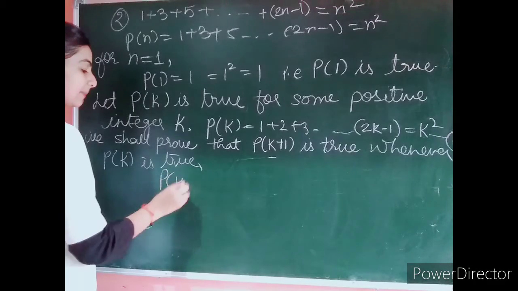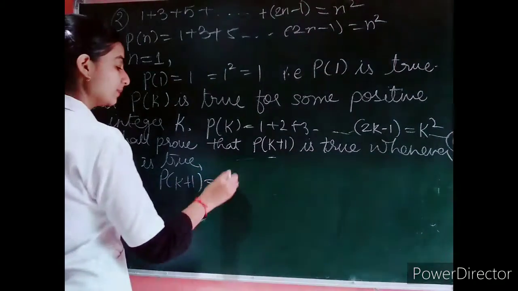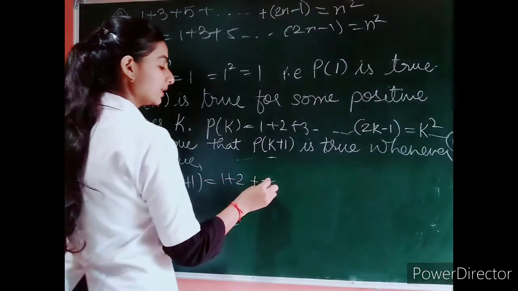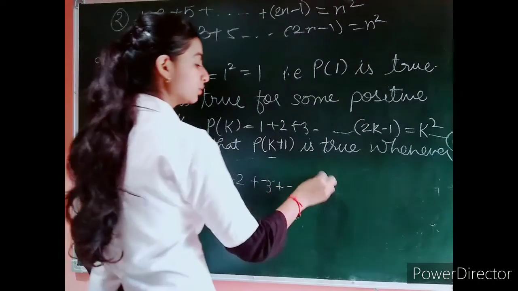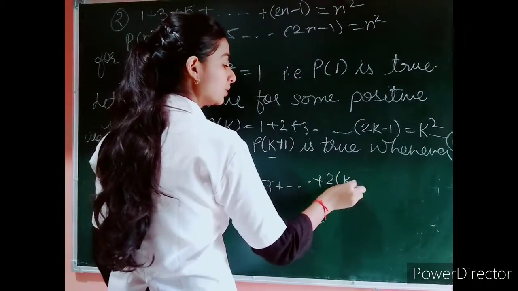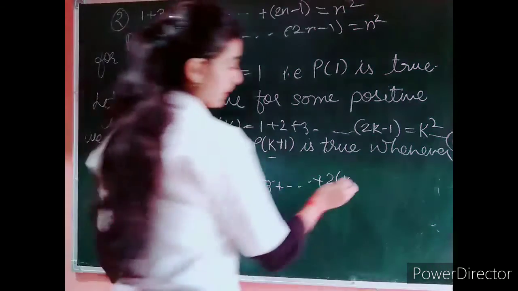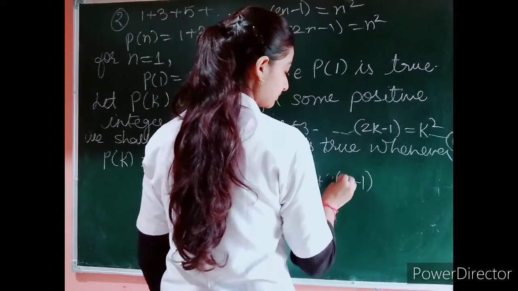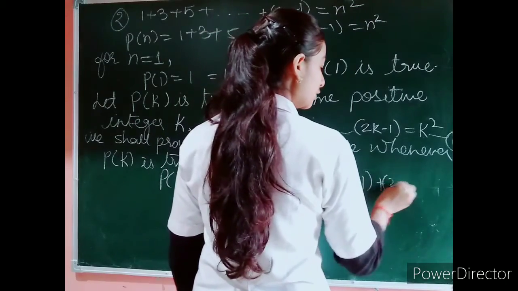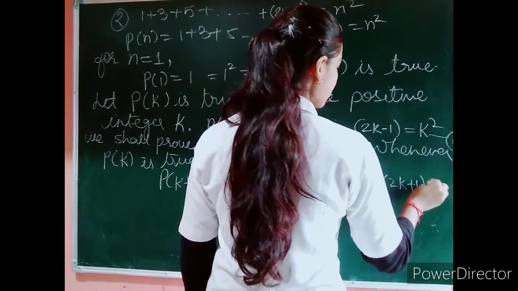That Pk plus 1 is equal to 1 plus 3 plus 5 up to 2k minus 1 plus 2k plus 1.